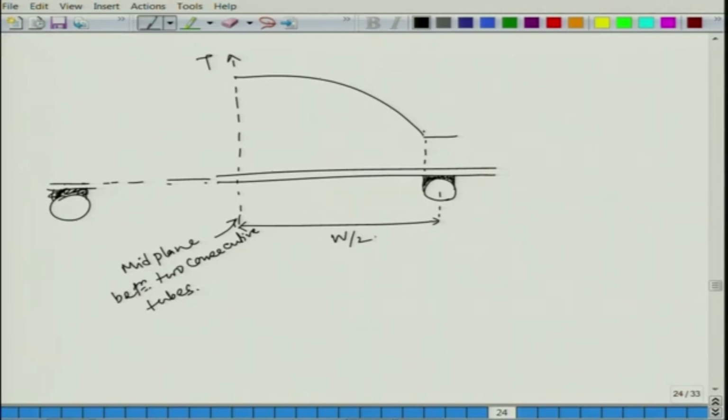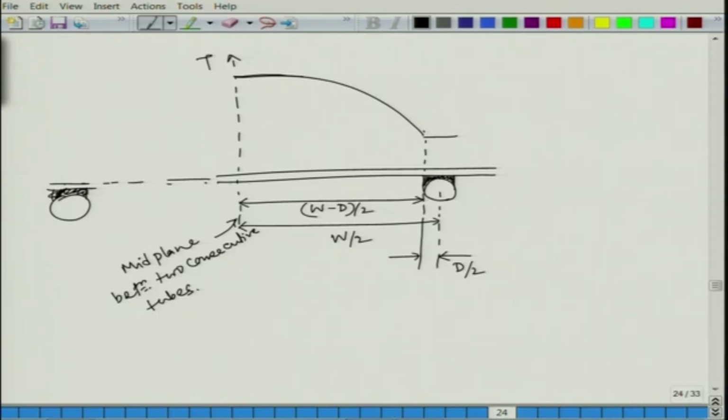So, this is halfway, so that is why it is W by 2. Okay. And this is the radius of the tube, that is d by 2. Okay. So, what we are left with is this particular distance where the temperature is varying. Okay, this is W minus d divided by 2, is not it?